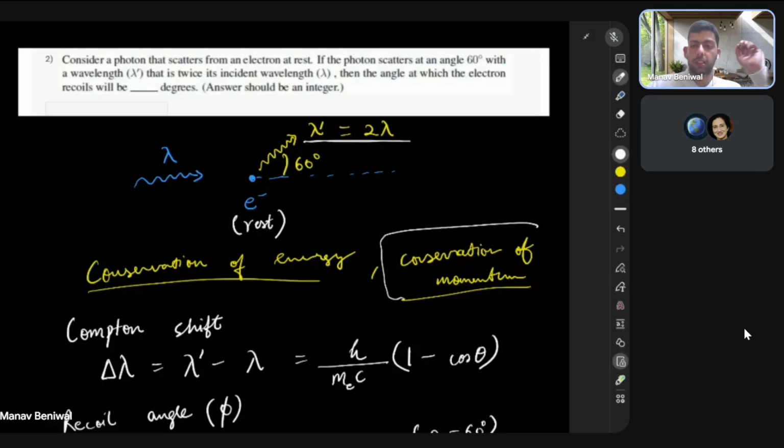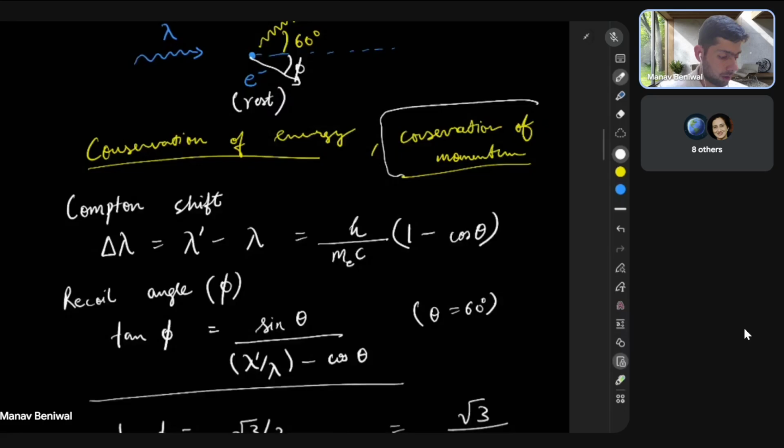Therefore the electron will also be scattered at some angle phi, such that our total momentum is also conserved. Okay. So should we proceed?